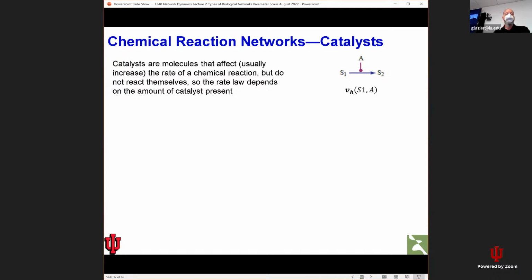Another thing, and this is something we're going to run into a lot, is the idea of a catalyst. And when we come to talking about signaling in regulatory networks, this is going to be our fundamental concept. So here we have a species S1 that's converted to a species S2.